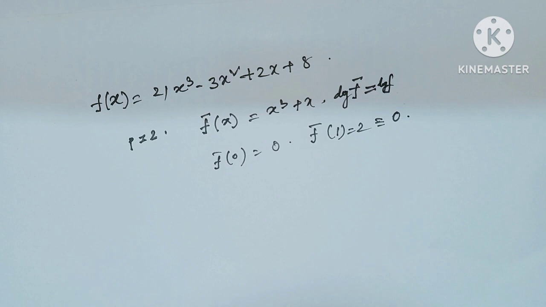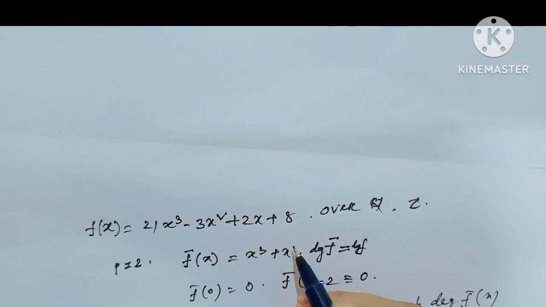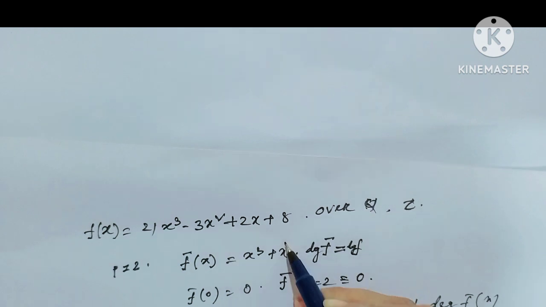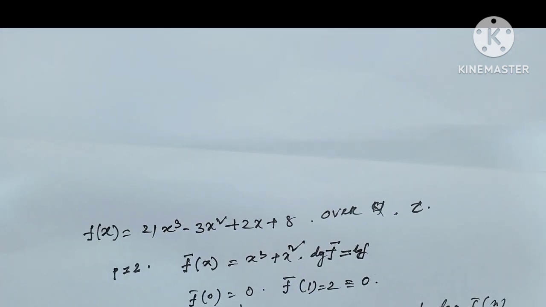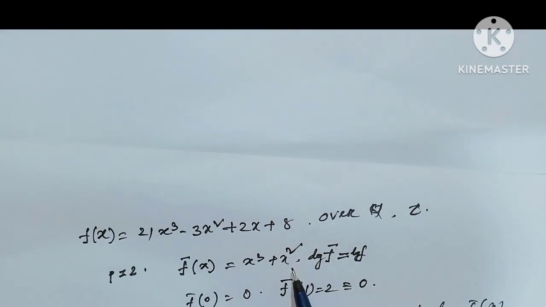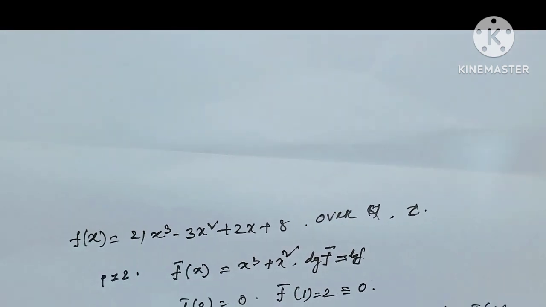So we cannot get any conclusion from the prime p equal to 2. Here I have made one printing mistake. Here it should be x squared, not x. But at f bar(0) and f bar(1), the value would be the same, because for x square and x, after putting in 0 and 1, the value is the same.